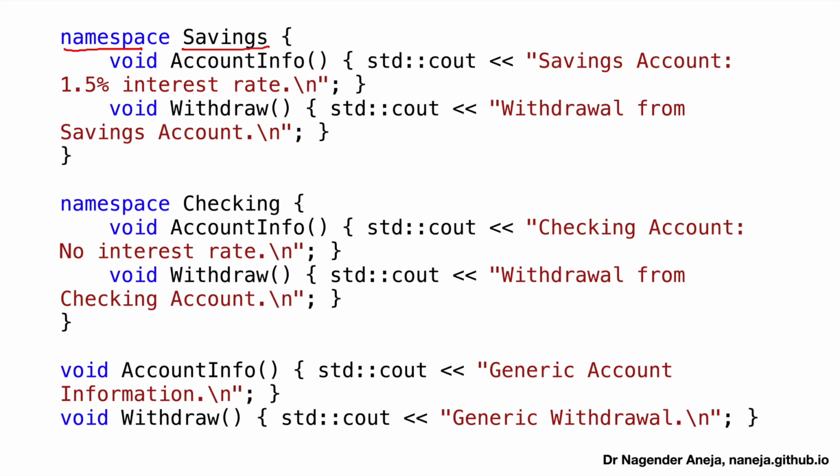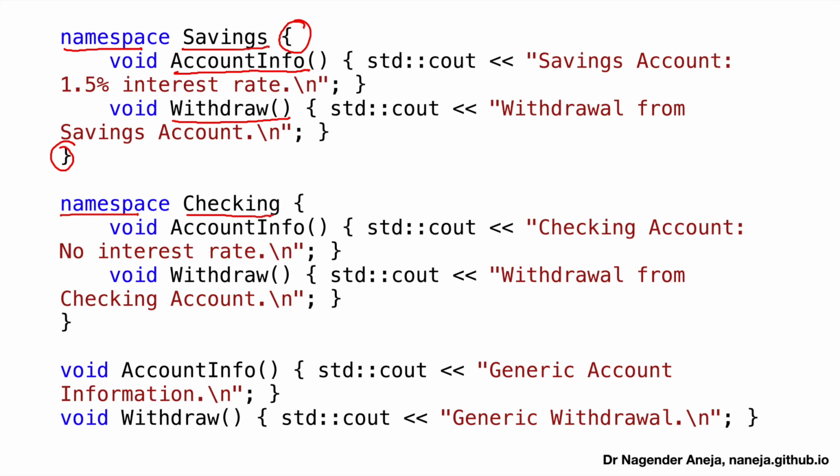Savings is a namespace, and it has a function called account info, which is written void, and also a withdraw function that withdraws money. So this is defined in this namespace, which is savings. Similarly, we have another namespace now.